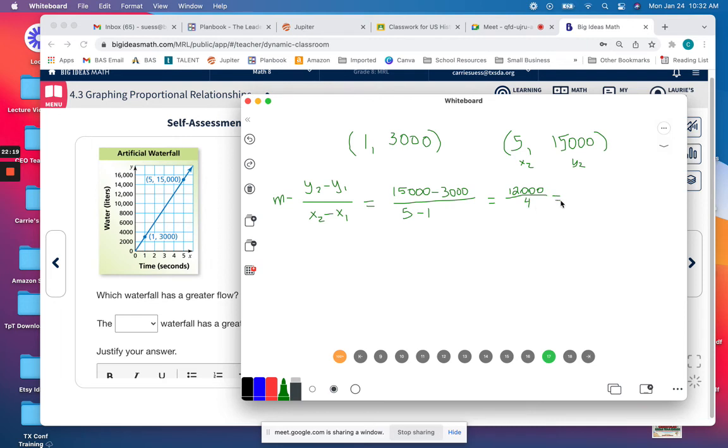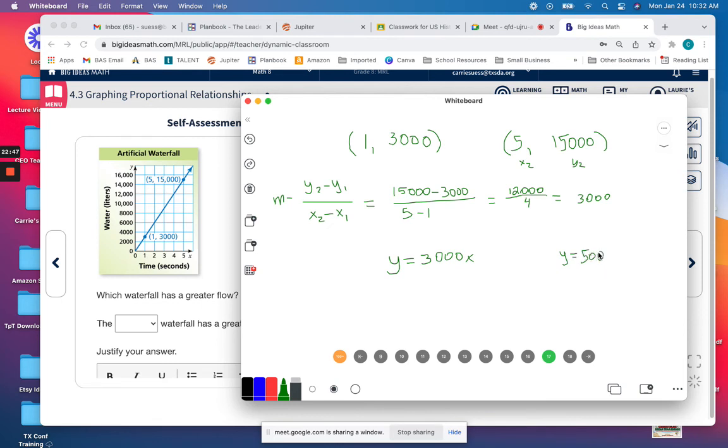Okay, what is 12,000 divided by 4? 3,000. Okay, so my slope is 3,000. So you would write that in the equation like this: y equals 3,000x. Okay, and this is for the artificial. And what was the slope of the real one? 500. y equals 500x.